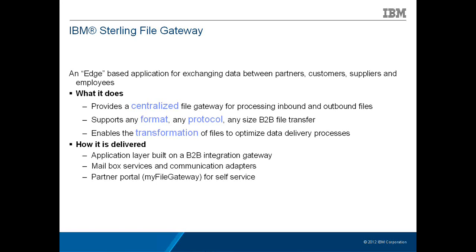So if there are customers who want to exchange data with an enterprise automatically, they don't want to manually upload files, and there is a need for another set of partners and suppliers who would want to do an upload, Sterling File Gateway fits in very well, wherein you would want customers to directly, automatically send data over AS2, and you would want suppliers to upload manually.